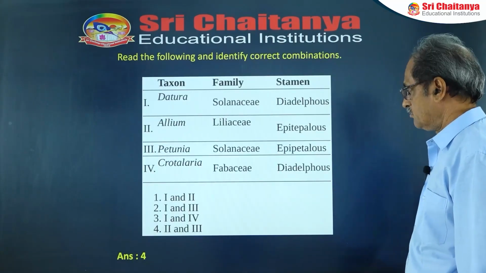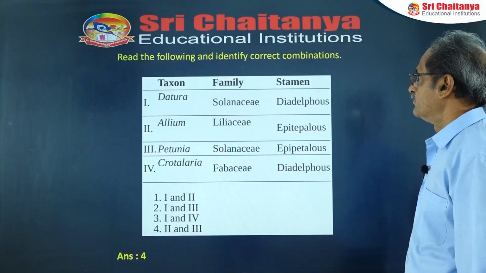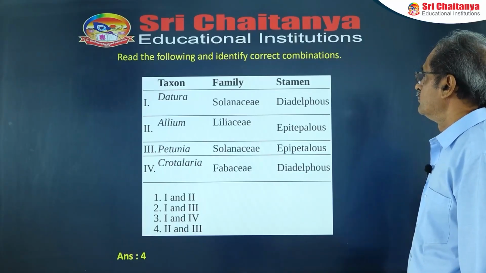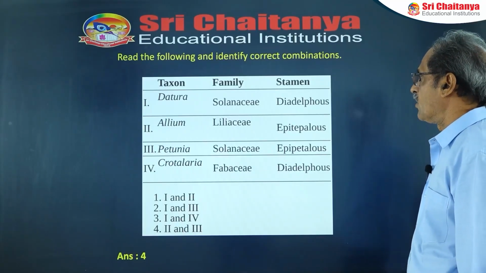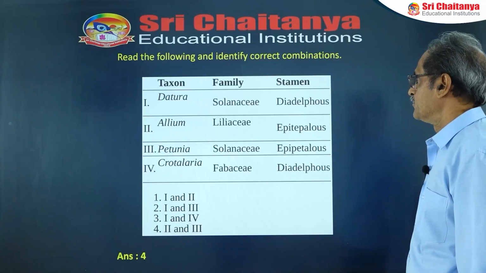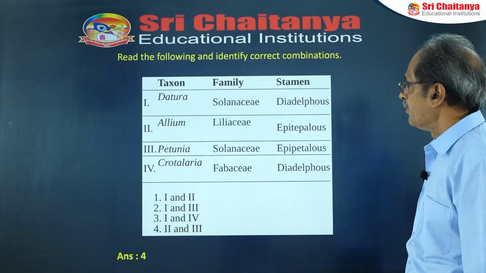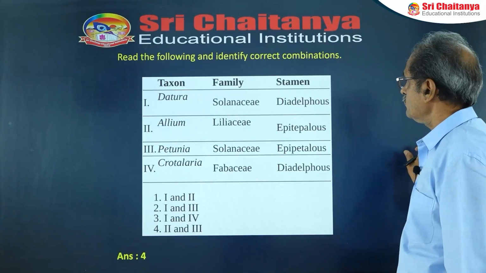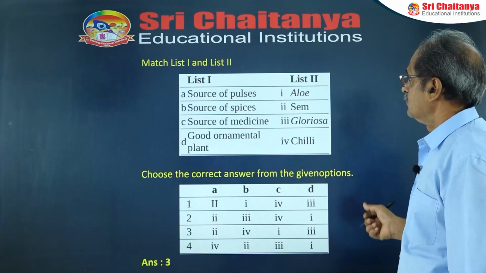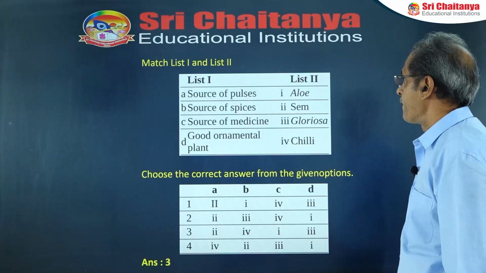This is matching. A 3-column combination actually: taxon, family and stamen. Next, 2-column matching, list 1, list 2.